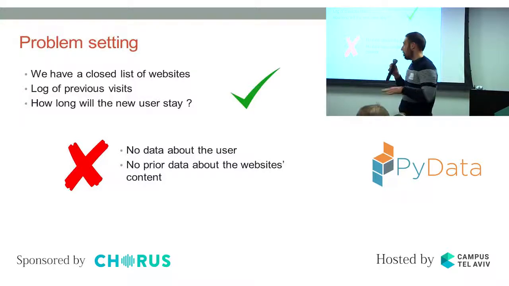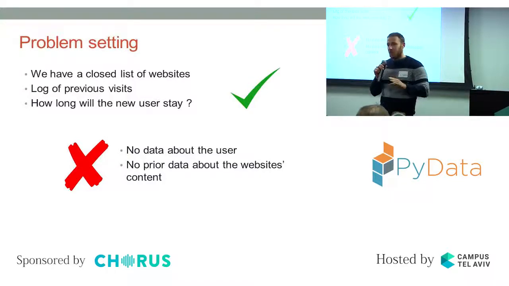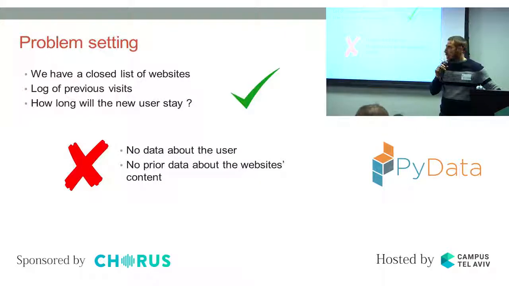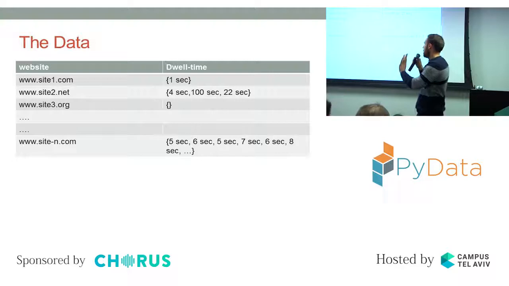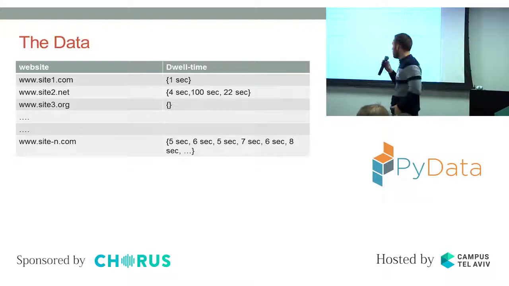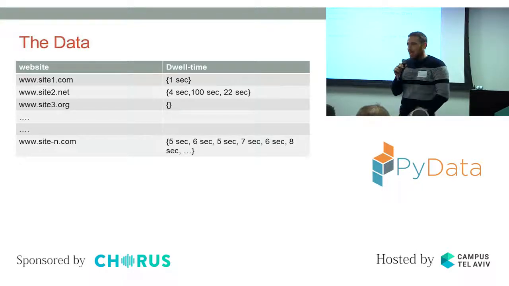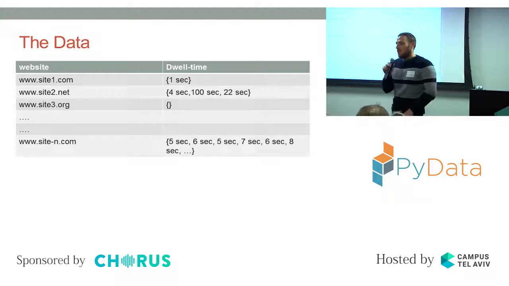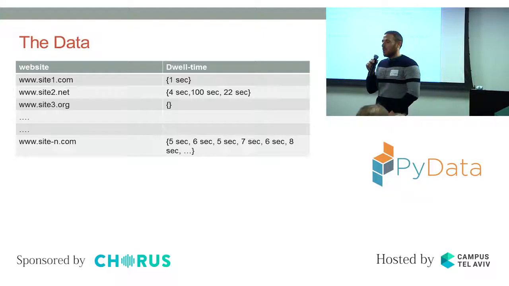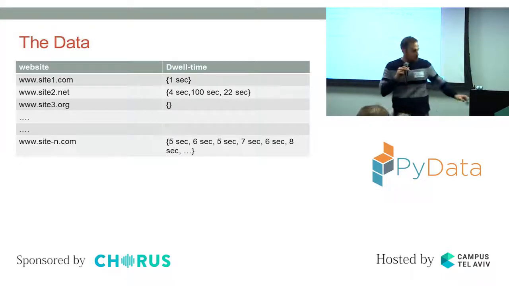We don't know anything about the users, so we can't do any better matching. So basically, the data is an array of websites with a list of dwell times. And given this data, we are required to predict how long a new user visiting, for example, site 3, will stay on our website.